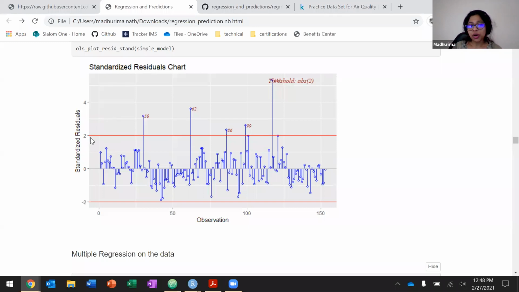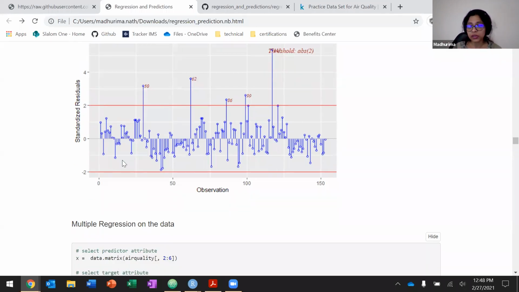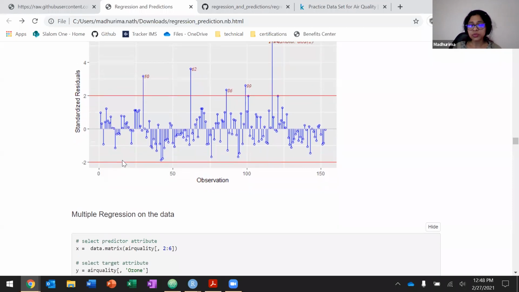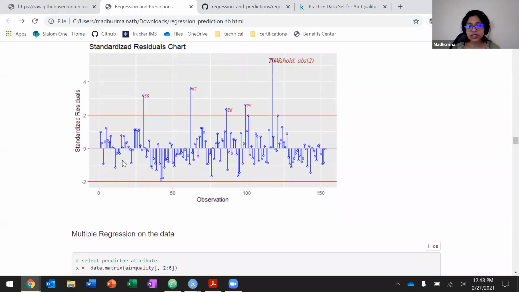You would want your residuals to stay within that. I will talk a little more about residuals and the threshold when I'm talking about regression diagnostics. There are things like Cook's distance and DFFITS, which also help to calculate that. I will go over that in detail after this section.